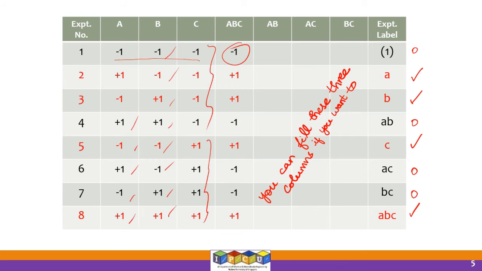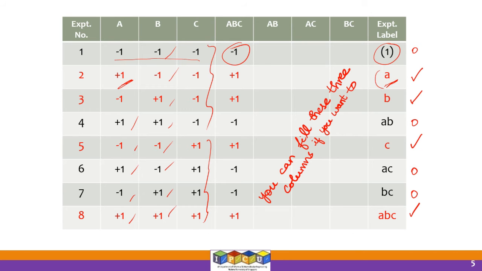And in the last column of the table, I've again used the standard representation. When all three factors, in this case A, B, and C, are low, that means -1, we represent it using the notation (1). It means all the factors are at the low level. And this is called A because factor A is at the high level, B and C are at the low level.